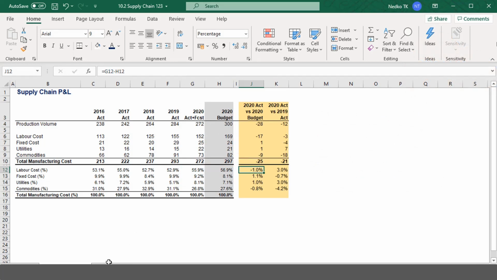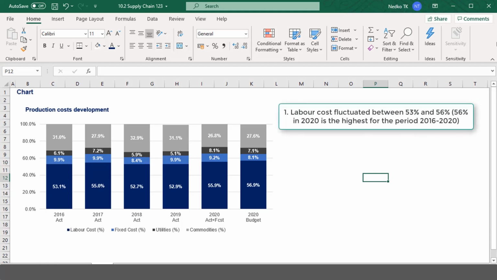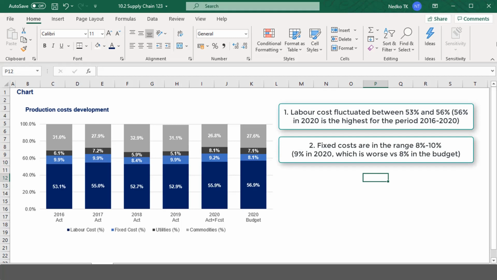Now, we can see on the graph that our labor cost fluctuated between 53 and 56% of the total cost. The 56% observed in 2020 is the highest since 2016, but is well below the budget of 57%. Our fixed costs are between 8 and 10%, but in 2020 we have 9%, which is worse versus the budget.